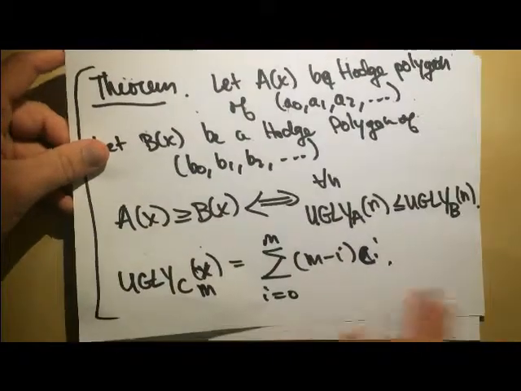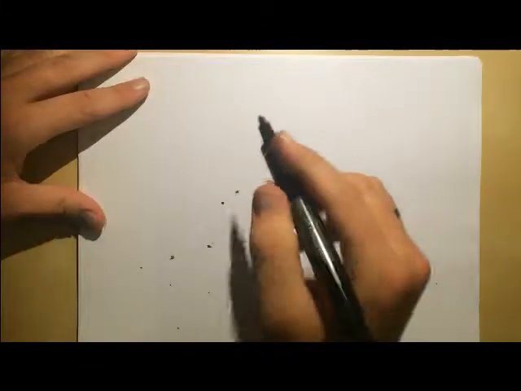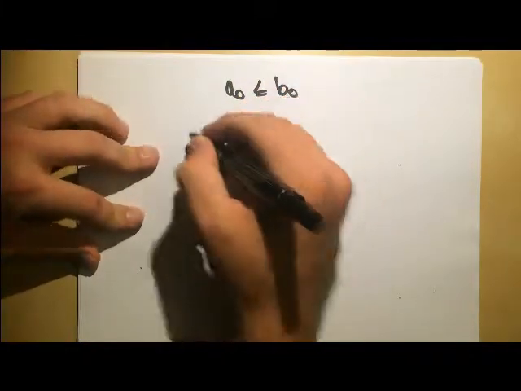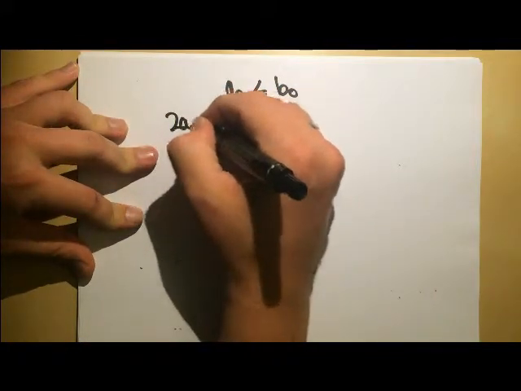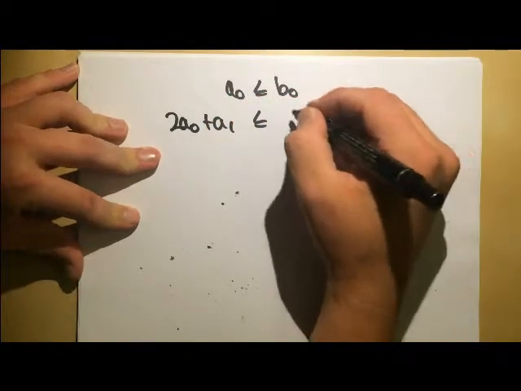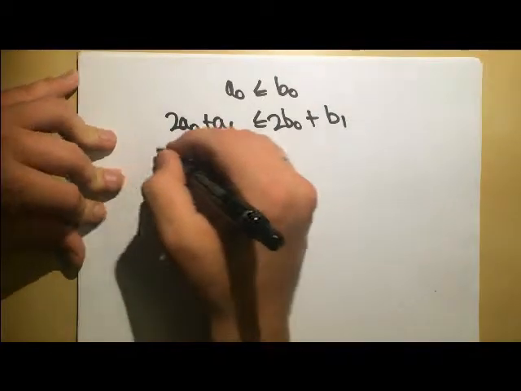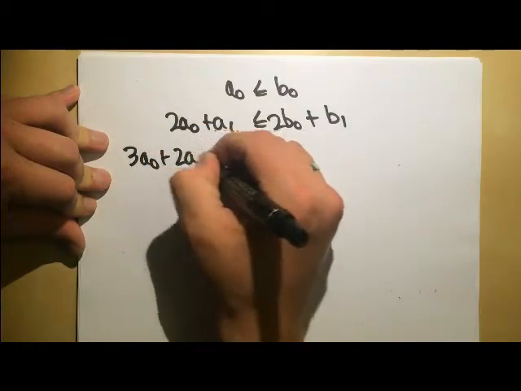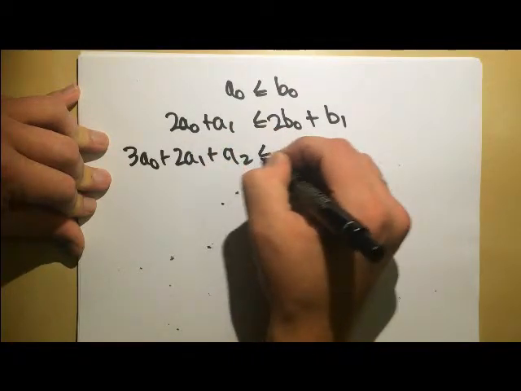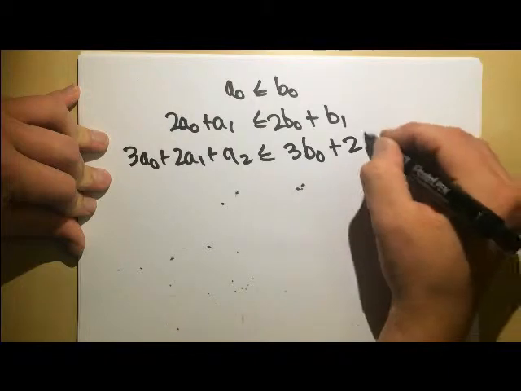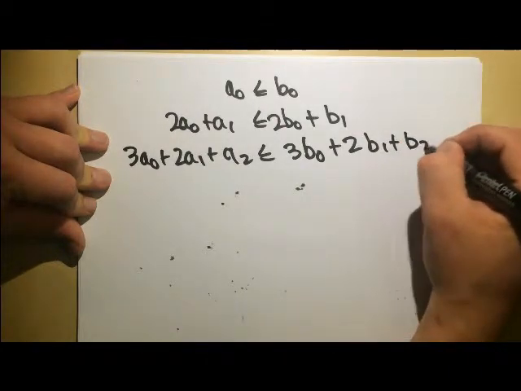We wrote down this system of inequalities here, and when we write them out, we have A0 is less than or equal to B0, and then 2A0 plus A1 is less than or equal to 2B0 plus B1, and then we have 3A0 plus 2A1 plus A2 is less than or equal to 3B0 plus 2B1 plus B2, and so on and so forth.